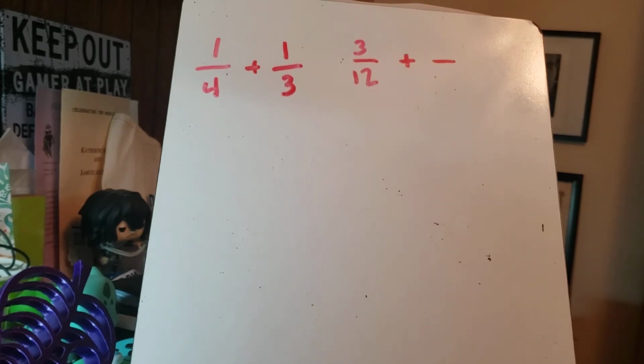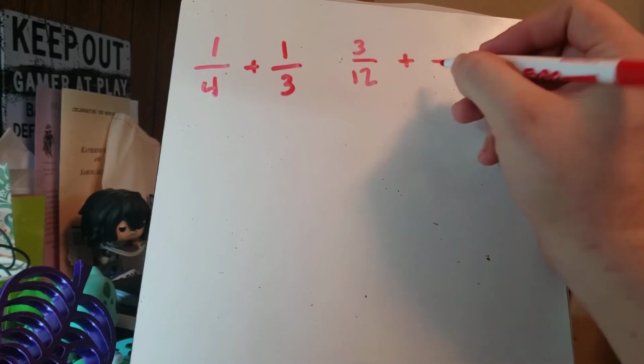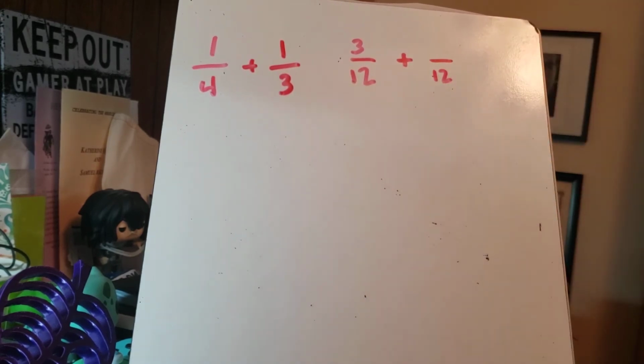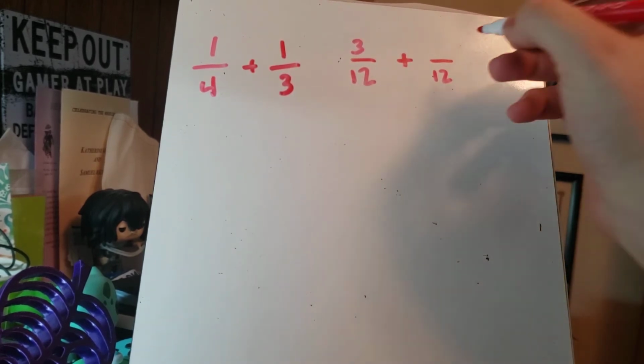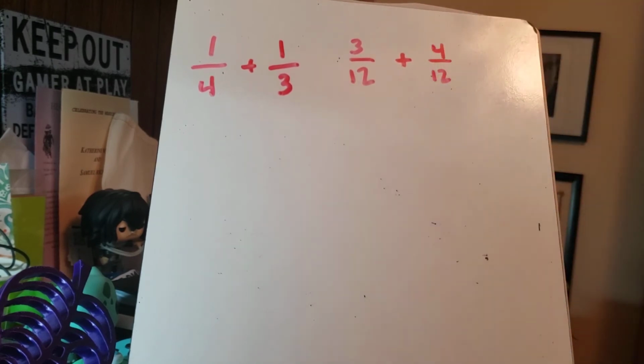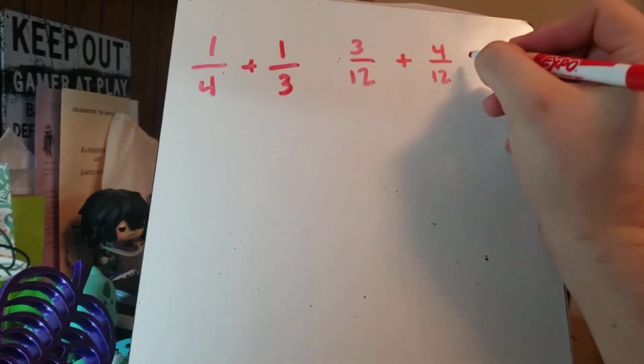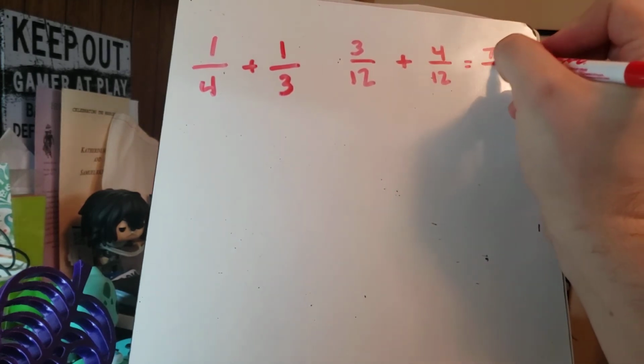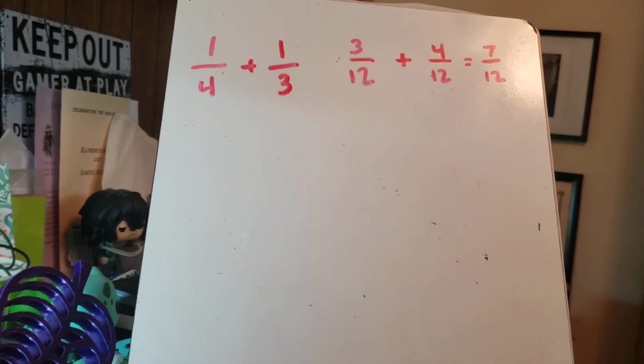We're just writing it in a different way so that we can do our math problem. We're going to do the same thing to 1/3. 4 times 3 equals 12. So we'll multiply 1 times 4 as well, and we'll get 4/12. 3/12 plus 4/12, that's 7/12. And now we've added those unlike denominator fractions.